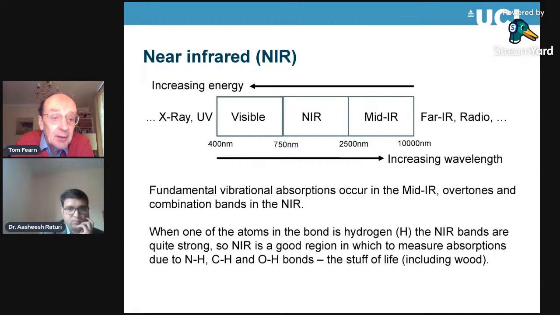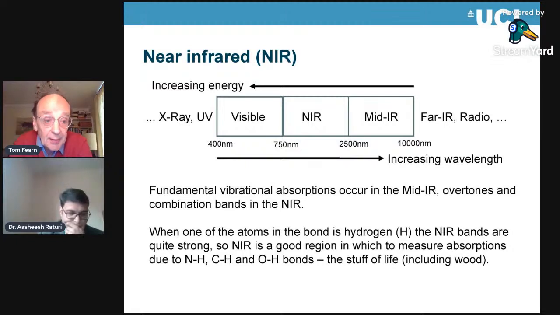So at the 400 end, it's blue, violet, and then as you get to shorter wavelengths, you get into the ultraviolet, which we can't see, and then X-ray. On the other end, 750 is red. After you go past the red, you get into the near infrared. That's the short wavelength end of the infrared.